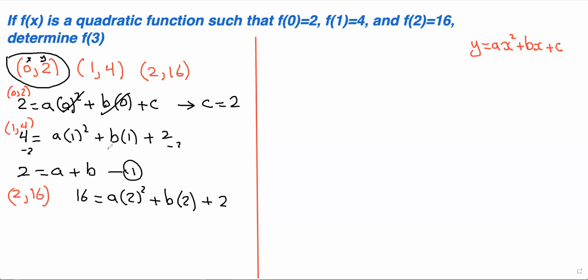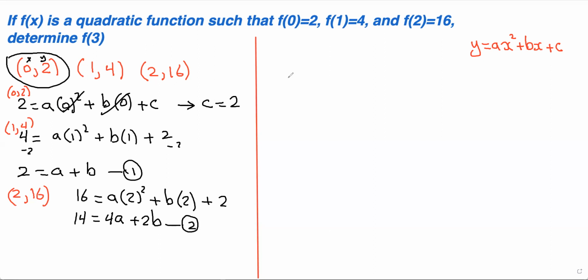Again, I'm just plugging the coordinate x and y in this formula here, which is the standard form of a quadratic equation. Now I'm going to move the 2 to the other side. It becomes minus 2. So that will give me 14 equals 4a plus 2b. And I'm going to call this equation 2.